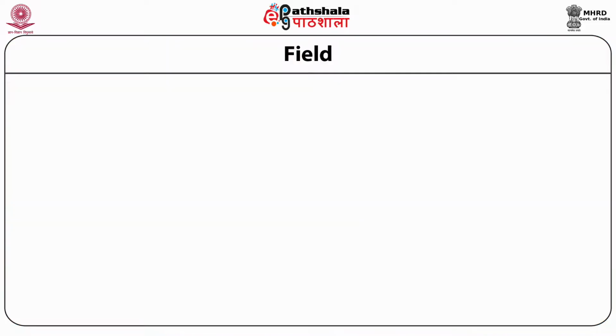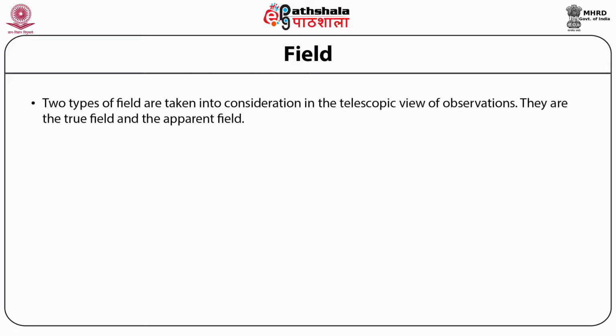The other properties of light and light waves are discussed in terms of the field. It's important to discuss the basic idea of this field. Two types of field are taken into consideration in the telescopic view of observations. They are the true field and the apparent field.